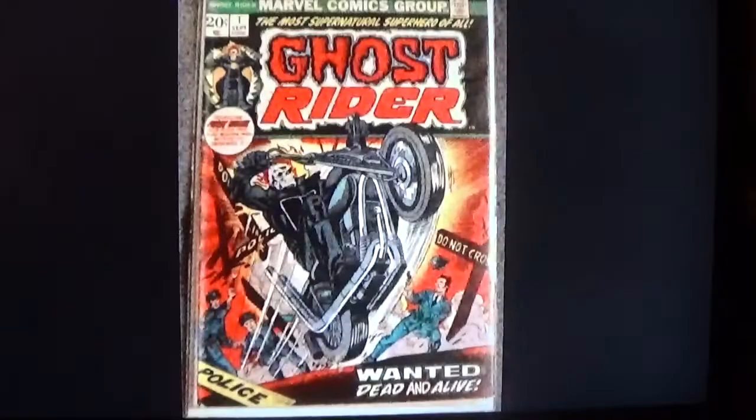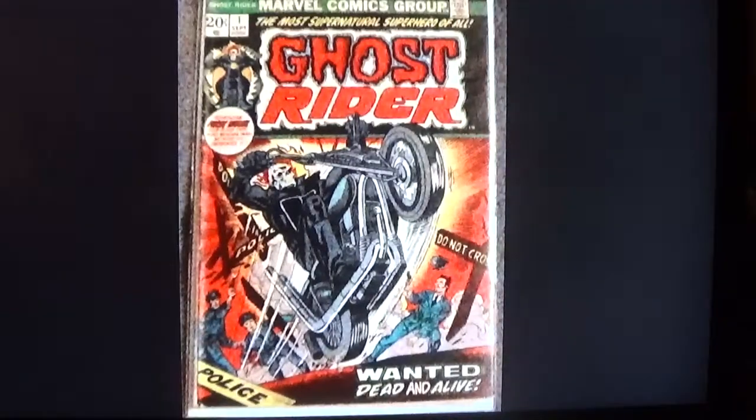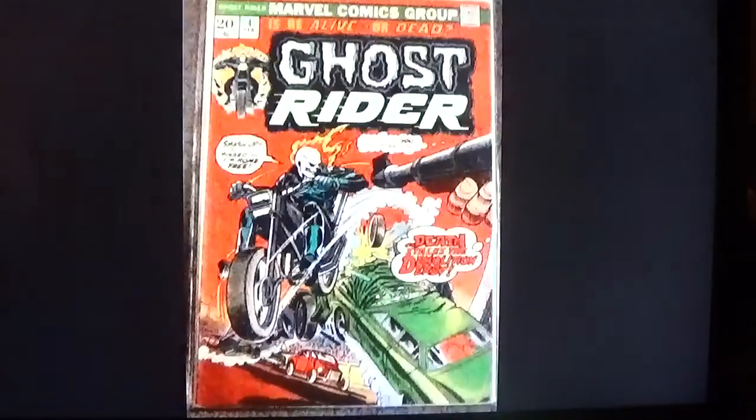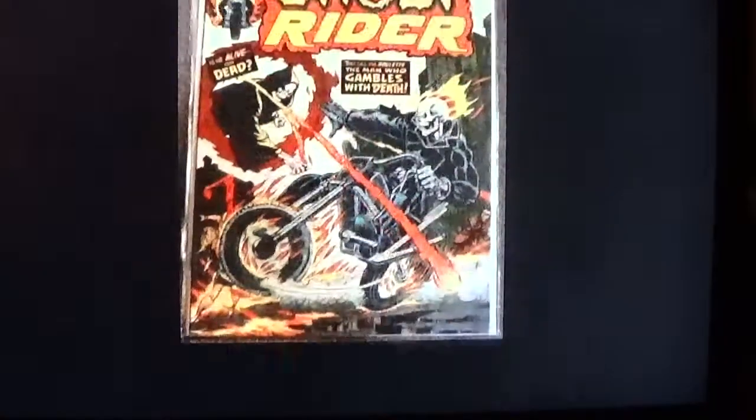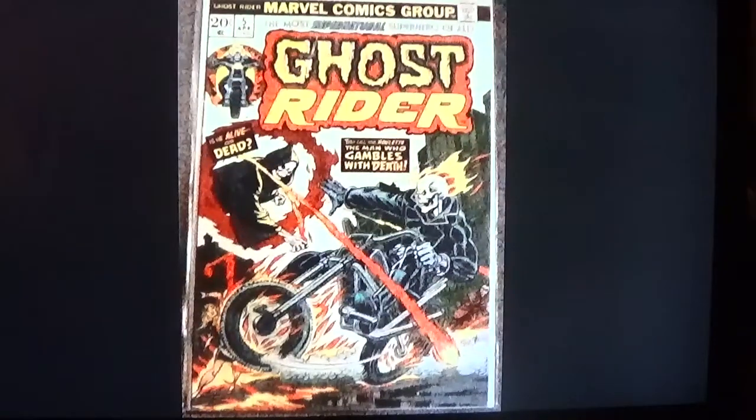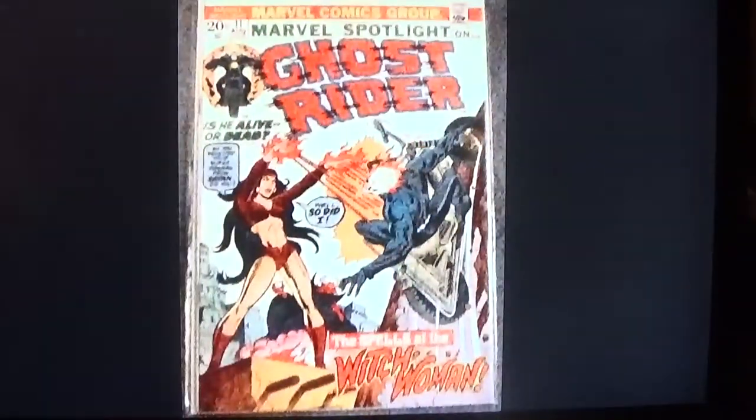Now, the first artist to do Ghost Rider is Mike Ploog, and he drew Ghost Rider through issues 5 through 8, and of the Marvel Spotlight. Okay, and of course there was Jim Mooney and Tom Sutton who helped define the Ghost Rider. They were all the artists for all these issues, and they all did a pretty good job, and they're all kind of similar.